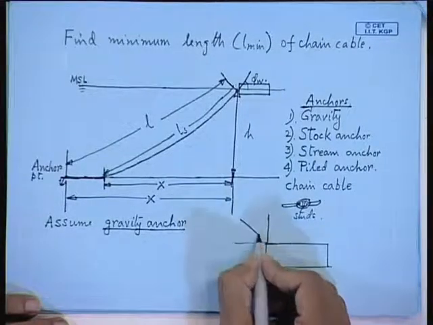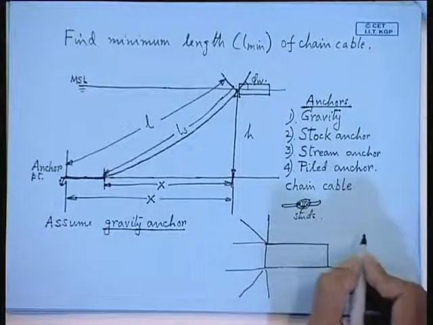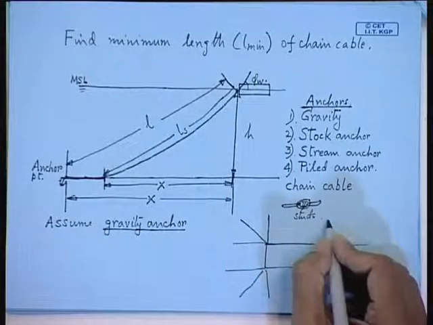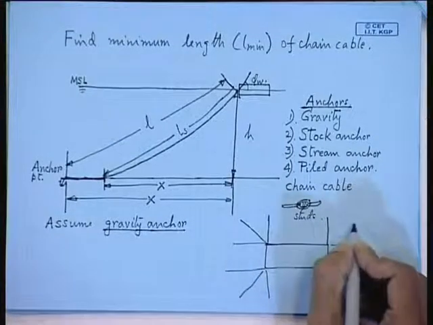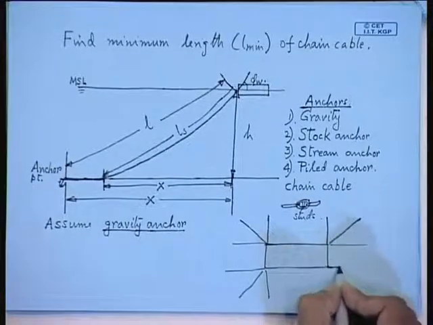You can never moor a ship with one chain cable. That means the offshore platforms are literally held in position by what is called a spread mooring system.